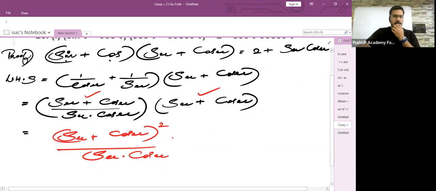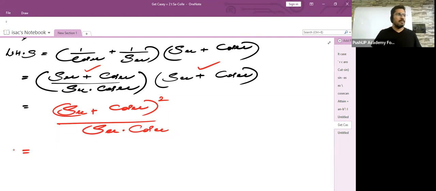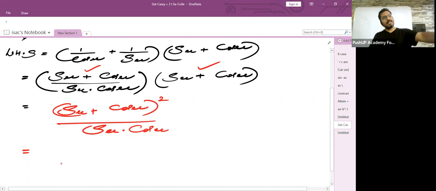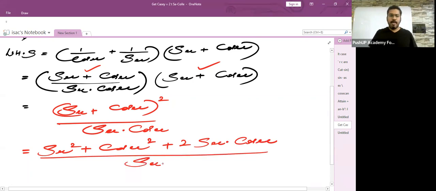Okay, then what? Achha, we'll do one thing, children. Sec plus cosec, the whole square, is a plus b the whole square. Anju, what is a plus b the whole square? a square plus b square plus 2ab. So here it becomes sec square plus cosec square plus 2 sec cosec, divided by sec into cosec.